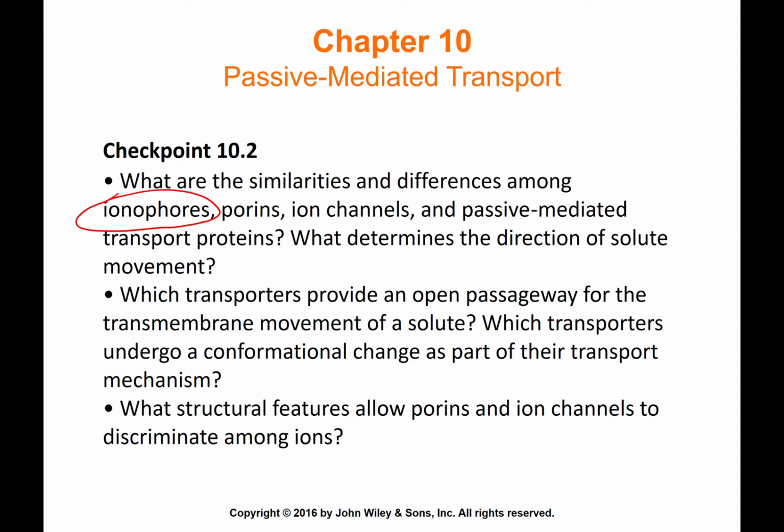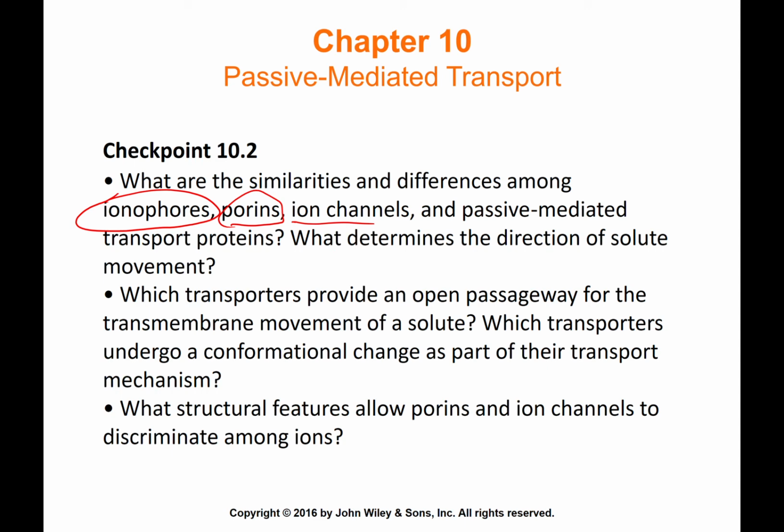These molecules tend to disrupt the membrane potential of a target organism. Or we have porins that are just straight up pore proteins that will allow certain molecules through. We have ion channels that let ions of a certain size and certain charge pass through. And we have other things as well, like the aquaporins and the glucose transporters that we talked about.